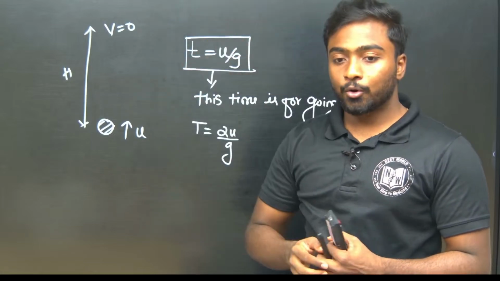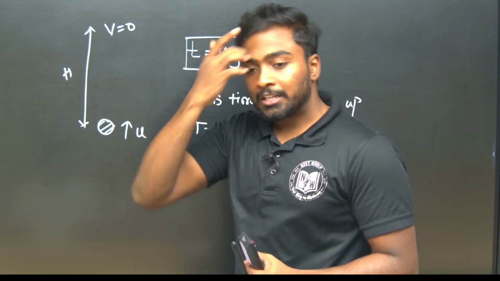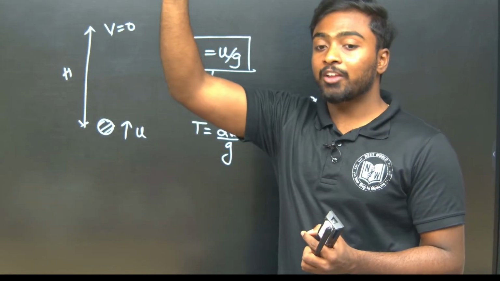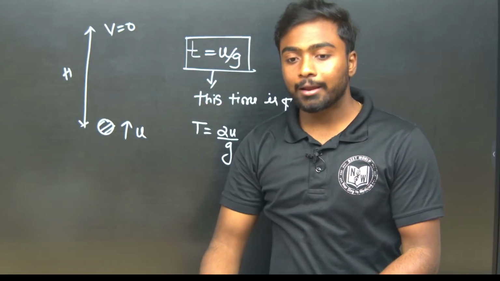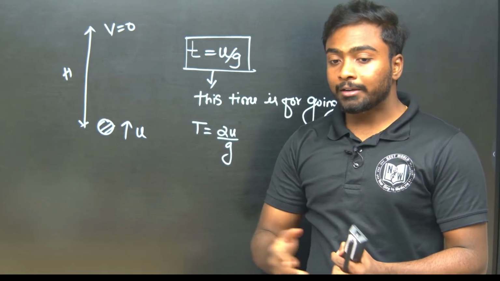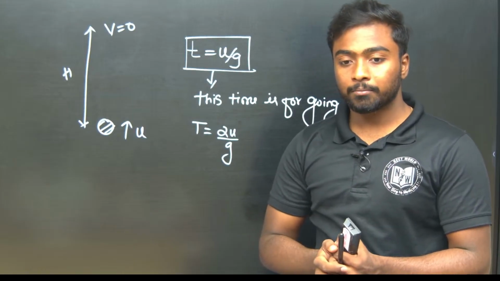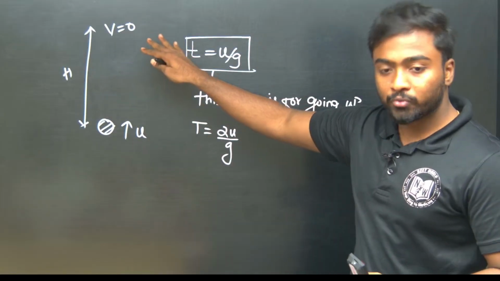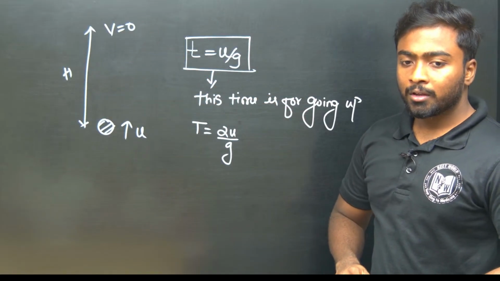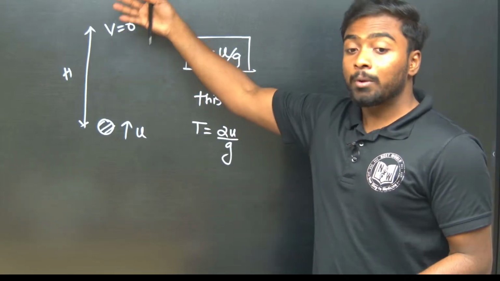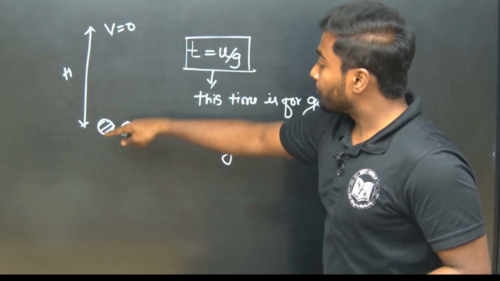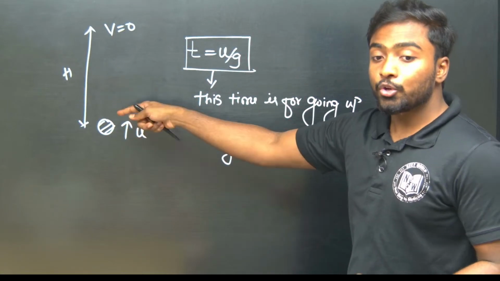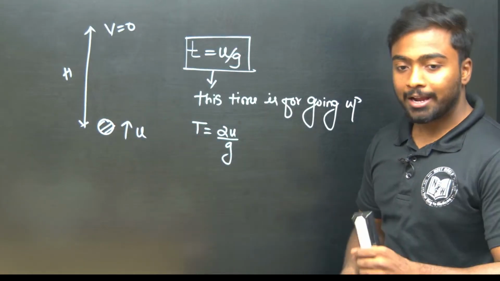You are giving kinetic energy; at height h it is stored as potential energy, then again kinetic energy. Energy is conserved here. At the top of the point, V is equal to 0, so u is also 0 at the second step. When it's coming down, the same velocity will be there: V is equal to root over 2gh. Understood?